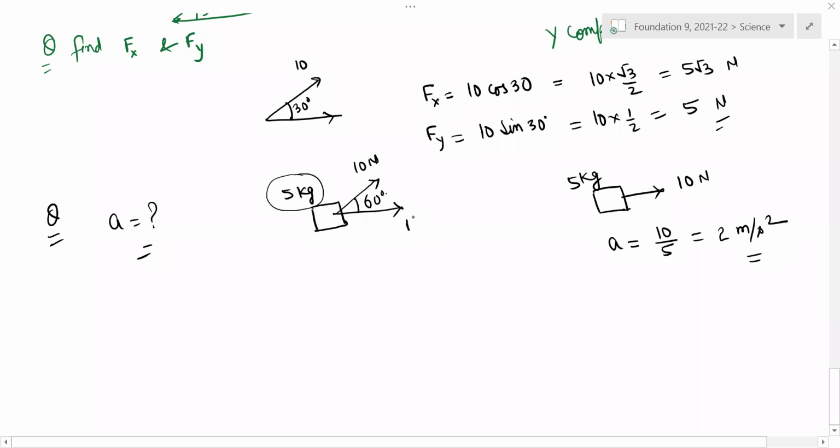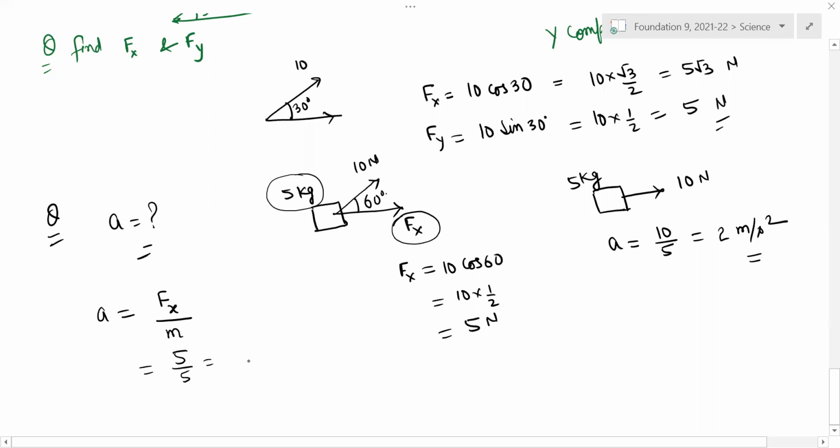Let's say it is Fx. Fx will be how much? 10 cos 60, which is 10 into 1 by 2, which is 5 Newton. Because of this component only the object will get accelerated. So we can say A equals Fx upon m. Fx is 5 upon 5, which is 1 meter per second square.